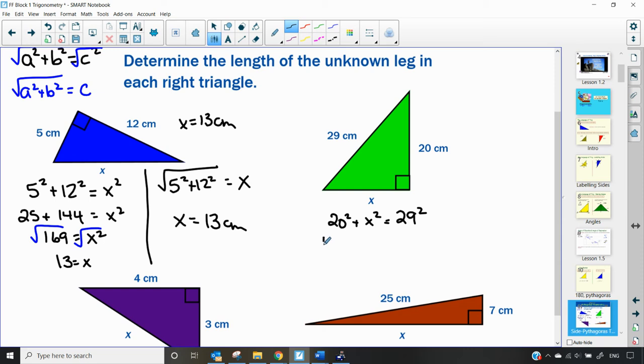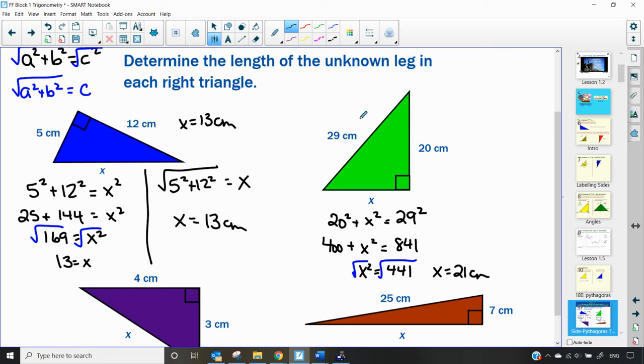So you would have had 400 plus x squared equals 841. You would have subtracted 841 minus 400 to get 441. And then you would have had to remember to square root. So likely that's how you did it in junior high. You might have manipulated it to begin with as well. So square root 441 gives us 21. So you would have had x equaling 21 centimeters.